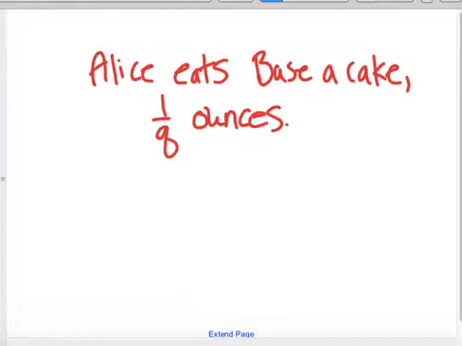A moment ago we said if it was a base 2 cake and it was a 1/2 ounce, we were going to have the square root.